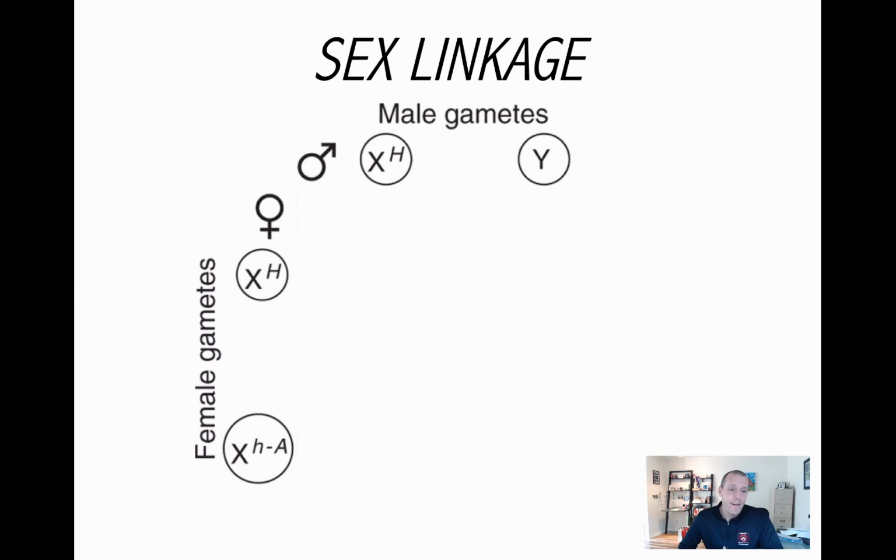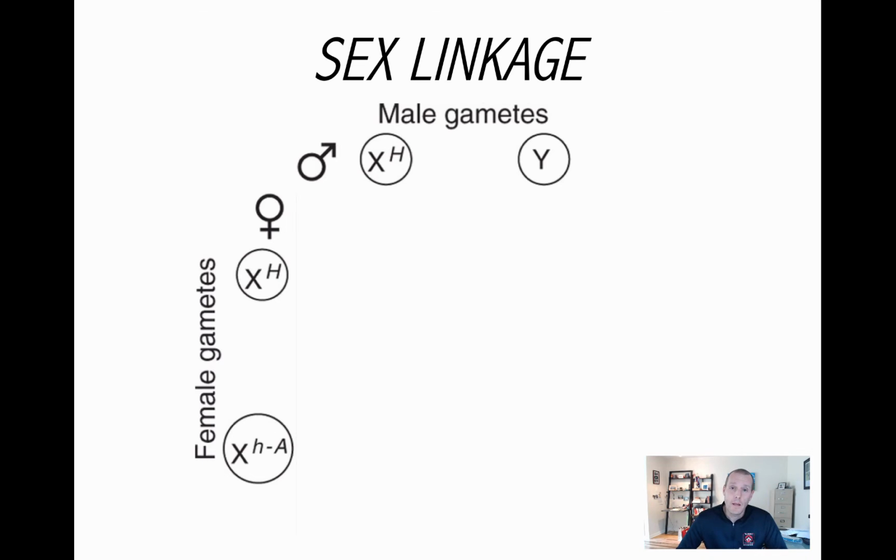Now, let's consider a female who is a carrier of hemophilia. So that means she's got one normal, one wild type allele, XH, and she's got one mutant allele, one defective allele that doesn't produce factor VIII, so she is XHA. Now, the XH allele can produce enough factor VIII that she doesn't have any of the phenotype associated with the disease, so she's ostensibly normal.